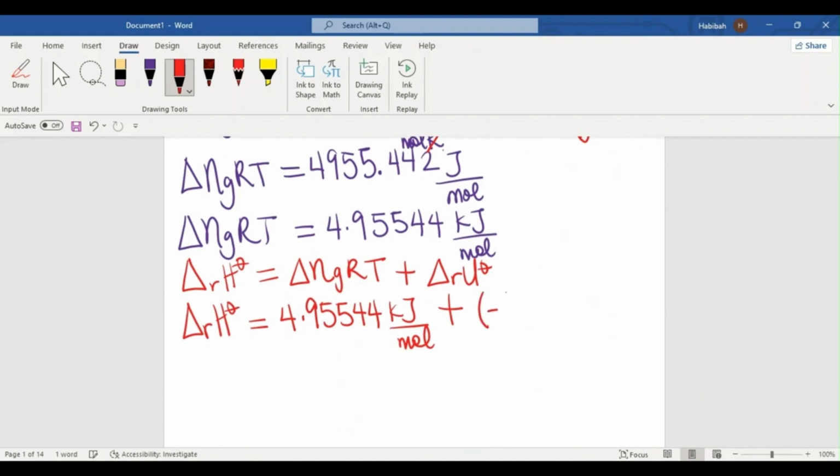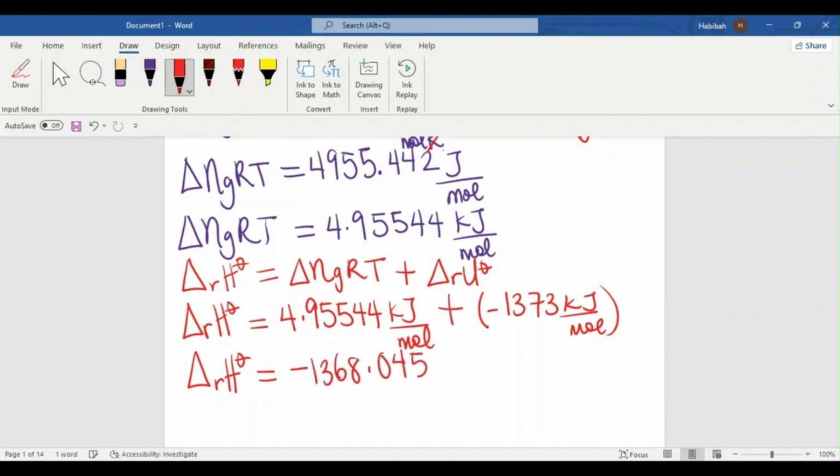So the change in enthalpy of the reaction is just going to be 4.9554 kilojoule per mole minus 1373 kilojoule per mole. And when we input that information in the calculator, we end up getting negative 1368.045 kilojoule per mole.